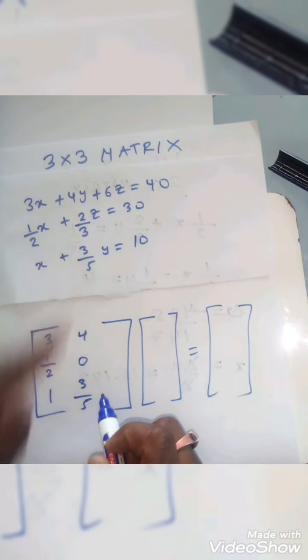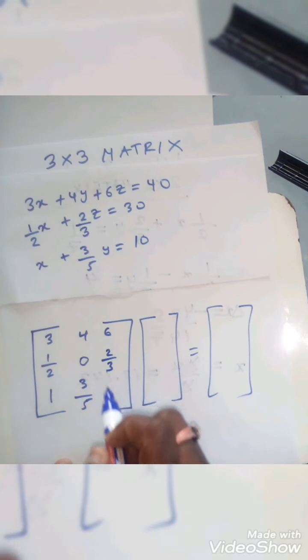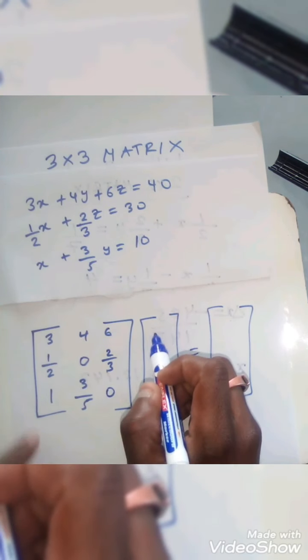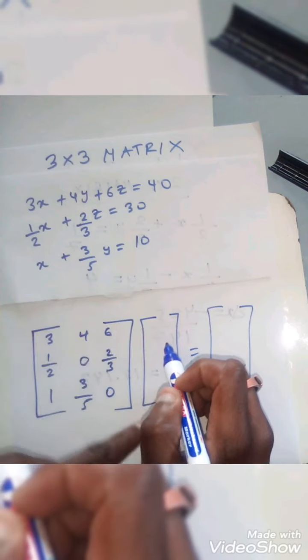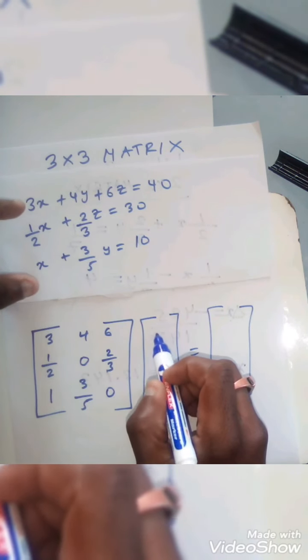Similarly, if I go to the first equation, z is 6. And for the second equation, z is 2 over 3. And for the third equation, there is no value of z. So z is 0.